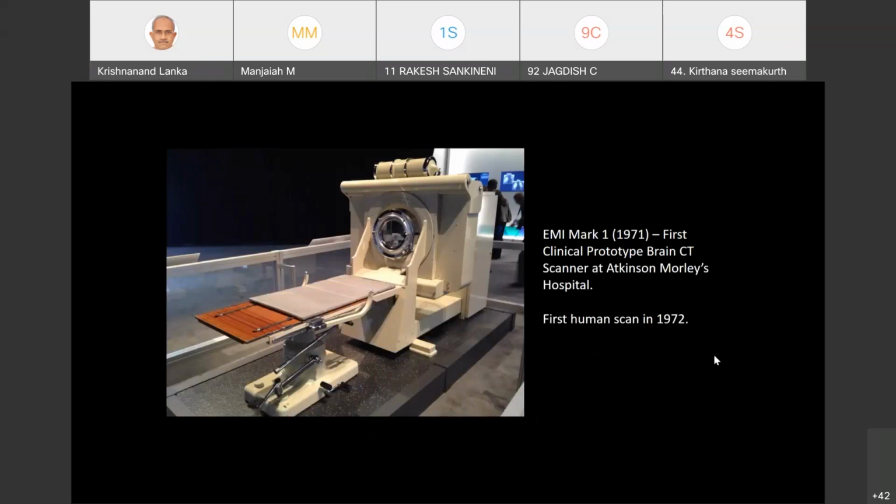In 1971, it was the first clinical prototype brain CT scanner, at Atkinson Morley's Hospital in the UK. It did the first human scan in 1972. Even though it was introduced in 1971, until then they were trying various animals, to ensure that people would not end up receiving a lot of unnecessary radiation. All the experiments were done using animals other than humans.